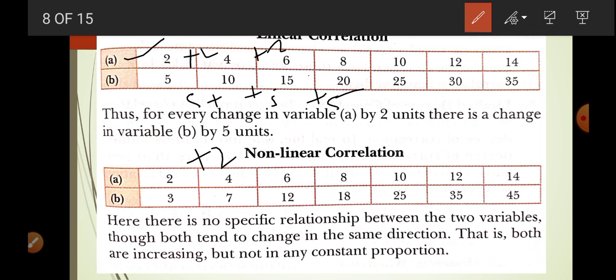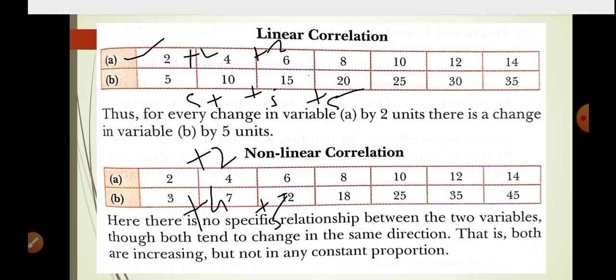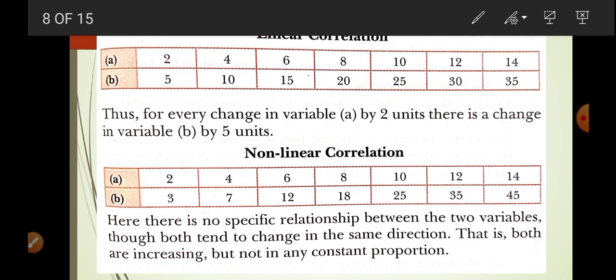Here it is plus 4, then 7, 8, 9, 10, 11, 12, so by 5. So you can see there is a difference. This is non-linear: when you plot the values on graph paper, it is not going to be a straight line.